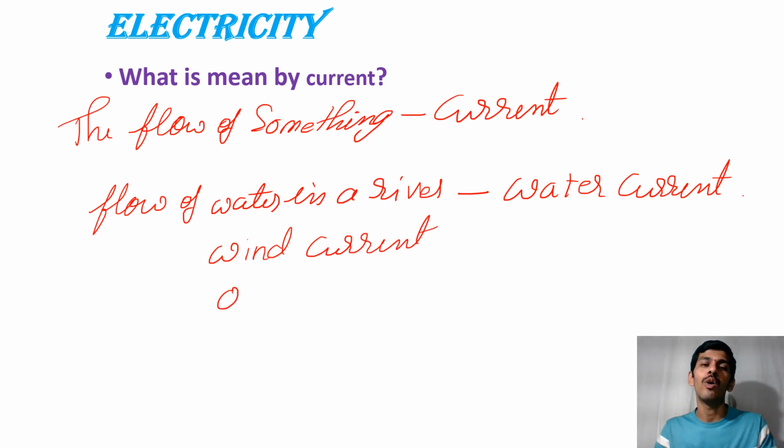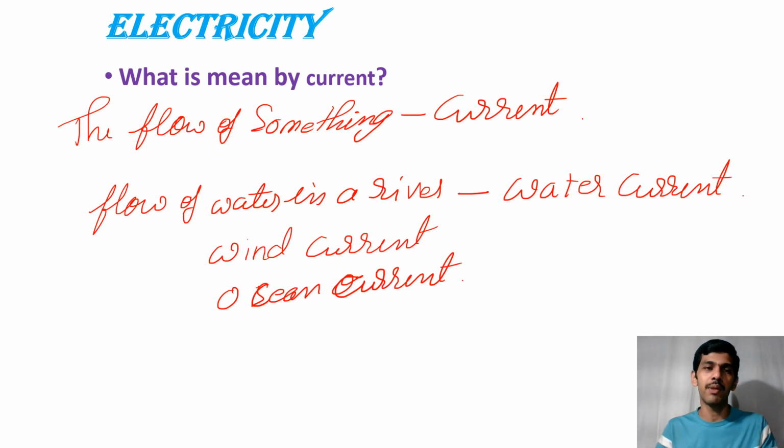Or sometimes we use ocean currents for the flow of water in an ocean. So in all the above examples, such as water current, wind current and ocean current, something is flowing, right?